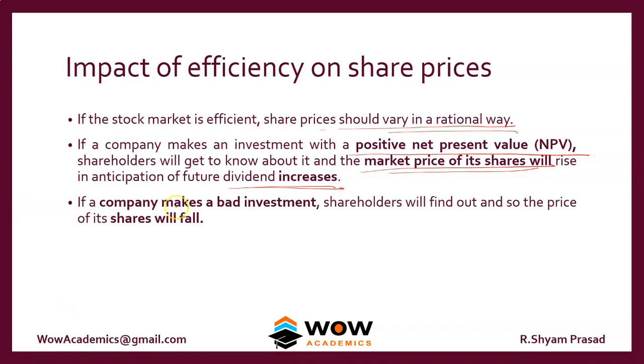If a company makes a bad investment, even before the investment is materialized or accepted by the company, the share price will collapse. So assume that a company wants to buy another company which is poorly performing, and the market senses this is a very bad deal, then the share price will immediately fall.